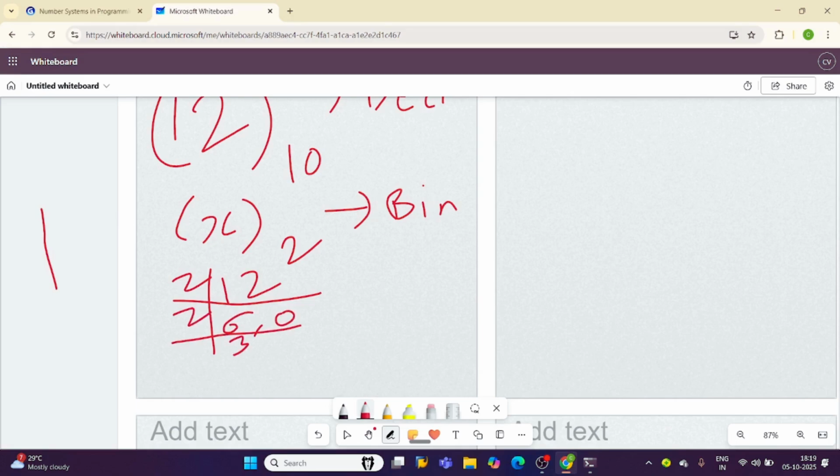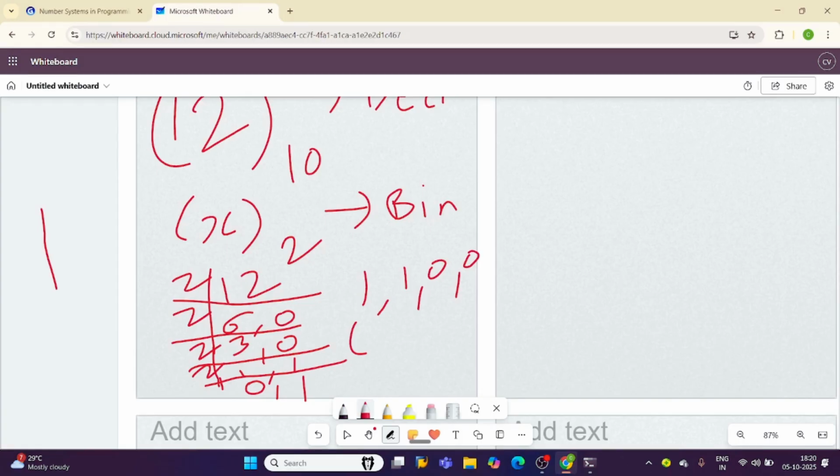Again divide by 2: 3 as quotient and 0 as remainder. Again divide by 2: 1 as quotient and 1 as remainder. Again divide by 2: 0 as quotient and 1 as remainder. Now take the remainders from bottom to top, 1, 1, 0, 0. So the binary form of 12 is 1100 with base 2.